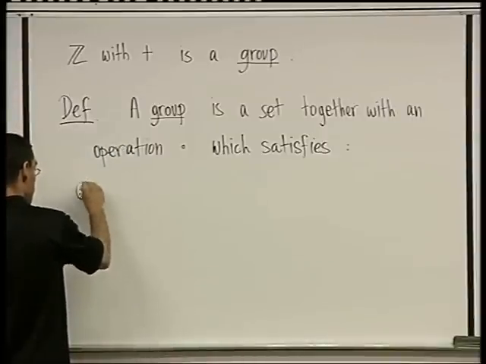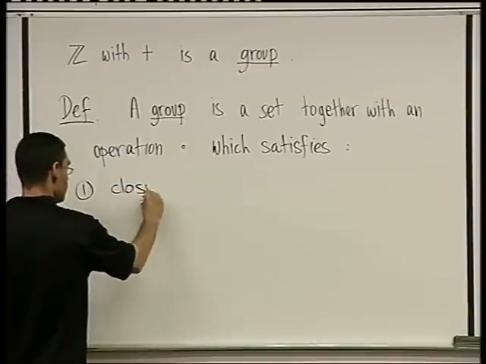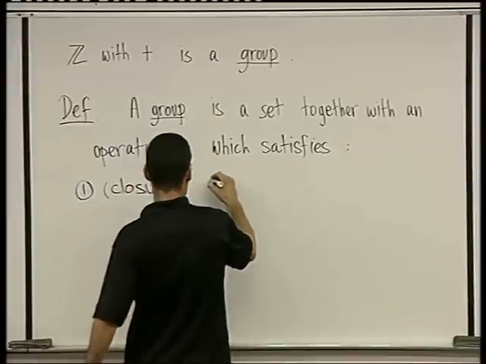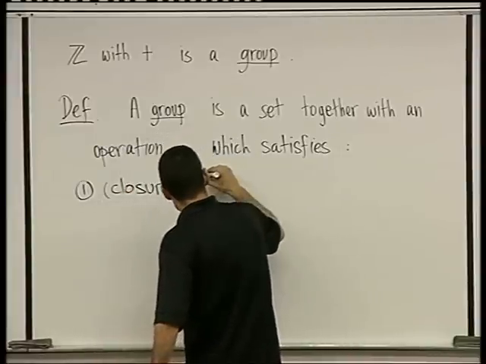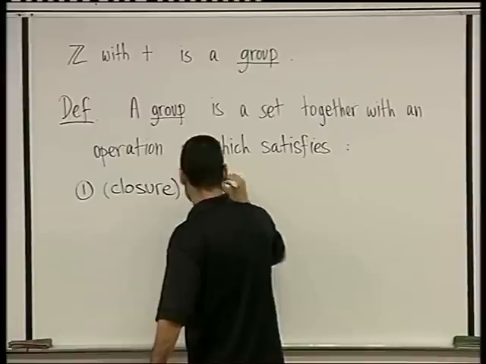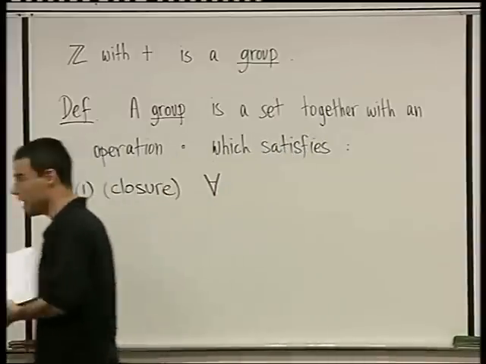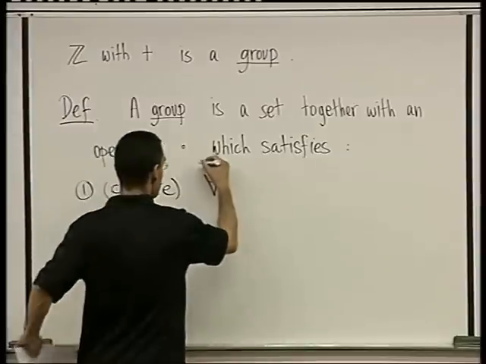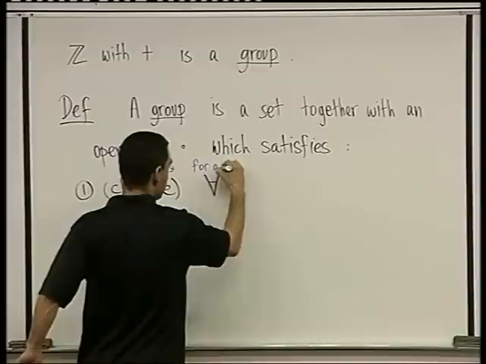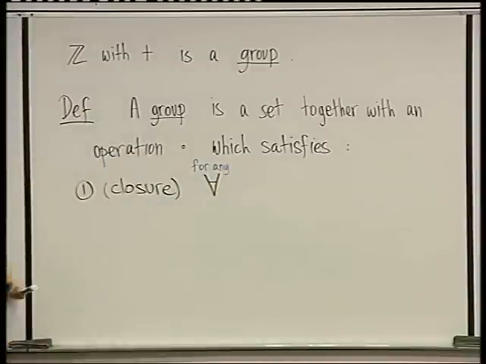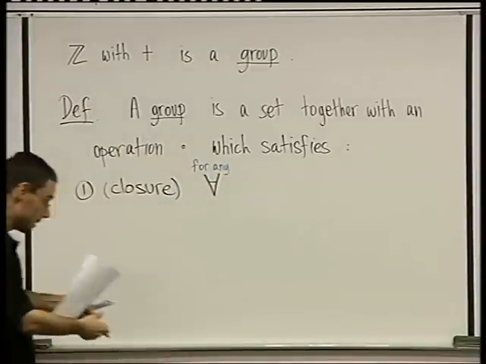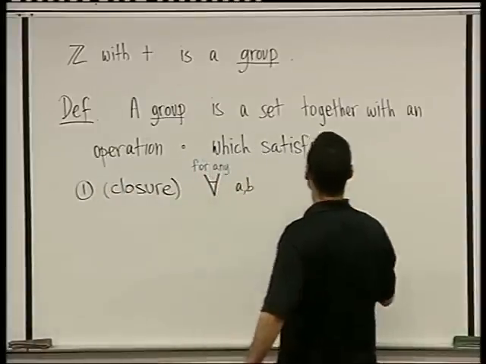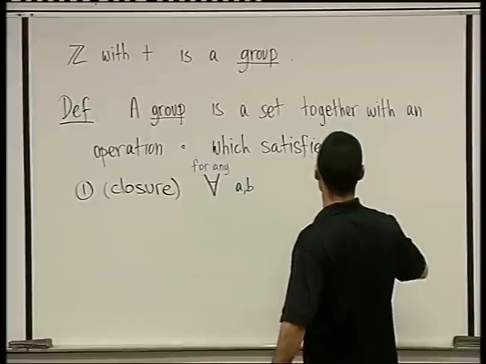The first property is called closure. What it means is that for any, so let's introduce a new symbol here, this upside-down capital A is the symbol which indicates for any, for each, for every. So for any two elements, a and b, oh, I forgot to give it a name.